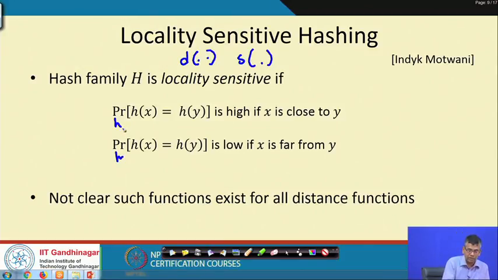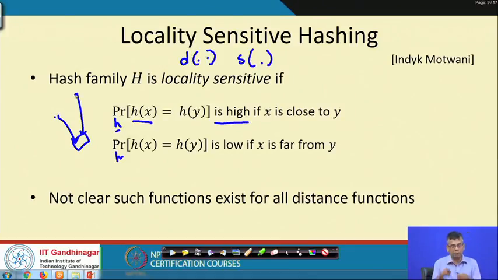for any two x and y, the probability that h of x and h of y are the same is high if x is close to y. If they are close, they have a higher probability of collision over the choice of the hash function, and if x and y are far apart, the probability of collision is small, again over the choice of the hash function.